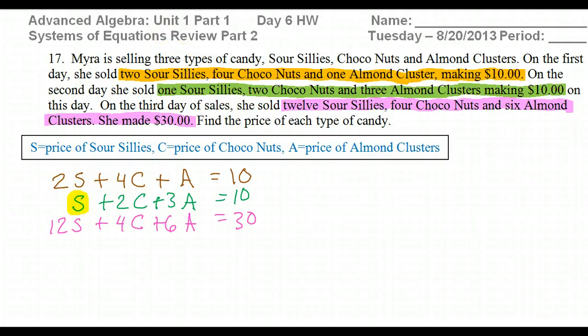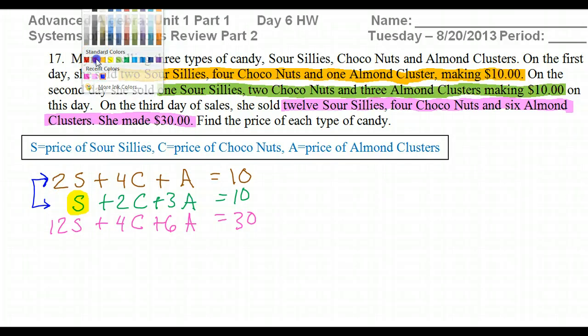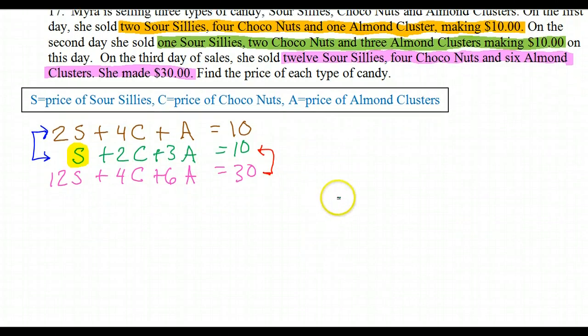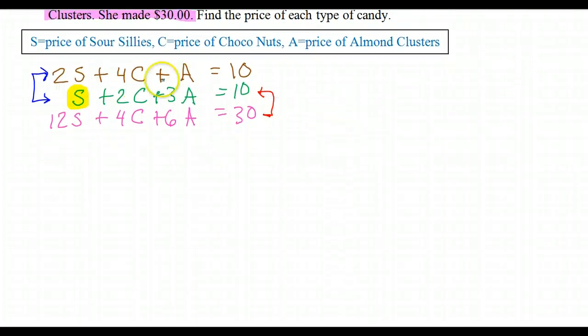So I'm going to do what I've done many times before. I'm going to make a new system out of the top 2 equations, and then a new system out of the bottom 2 equations. So I'm going to make my blue equations and my red equations. You've seen me do this many times by now.